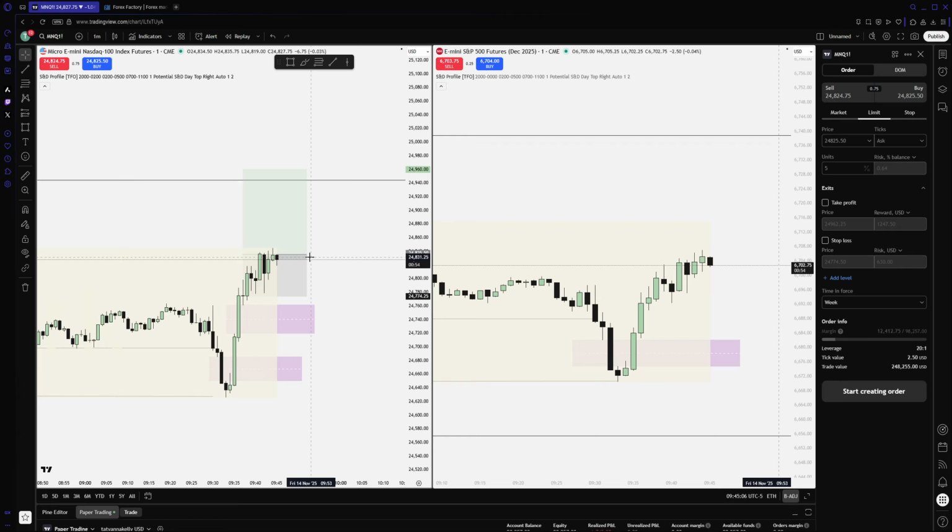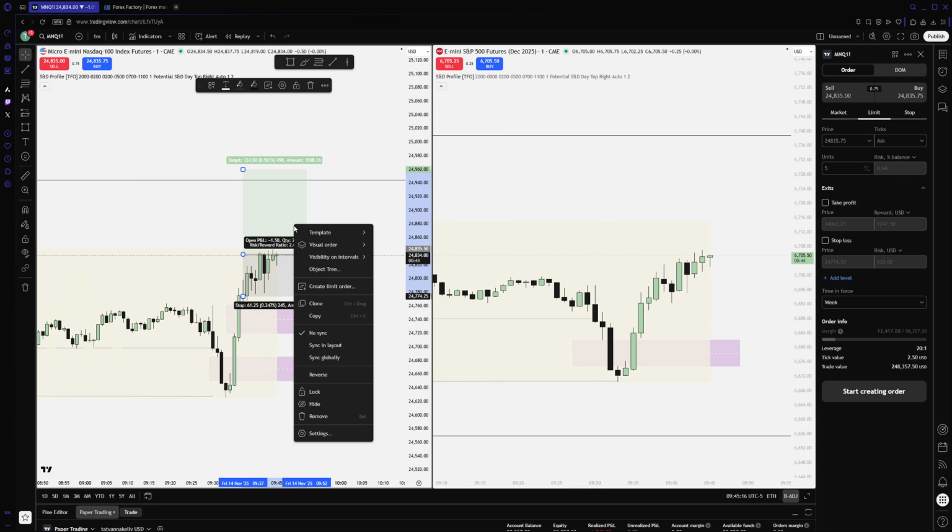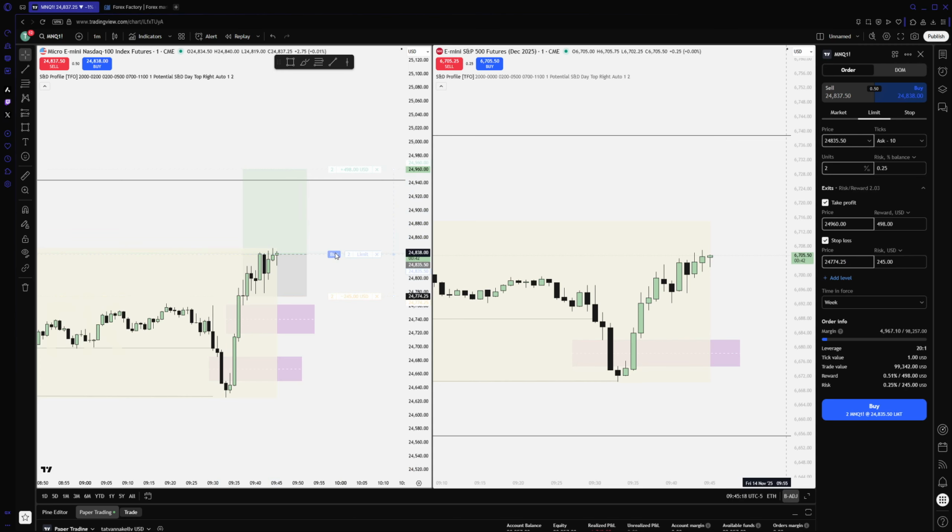Okay, well, that makes no sense. I should have done this trade a long time ago, and it's not working. Why is this not working?